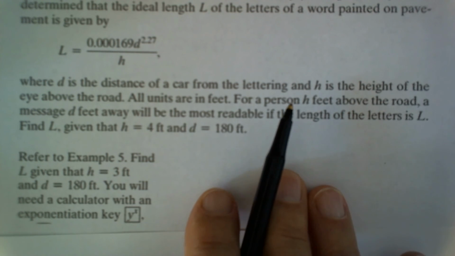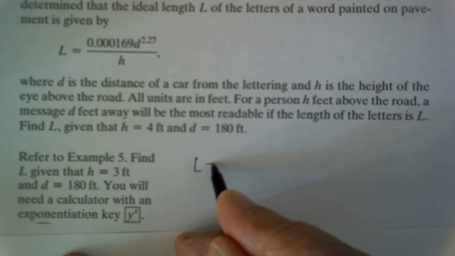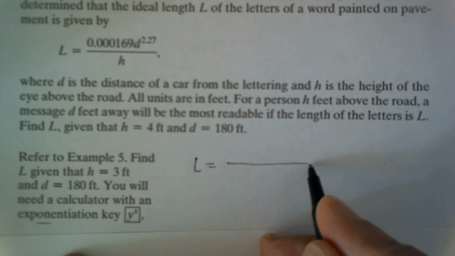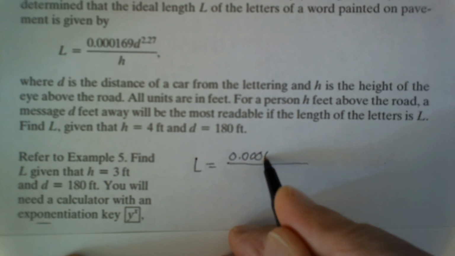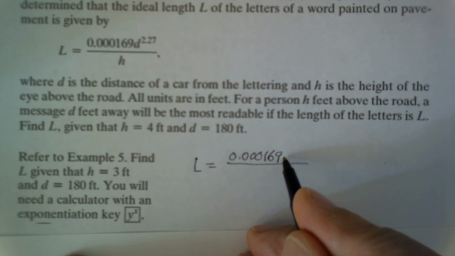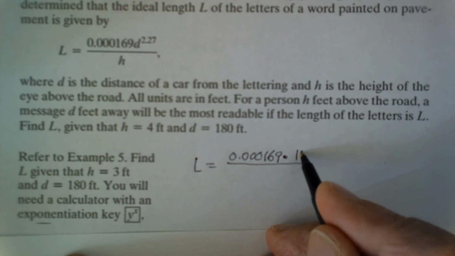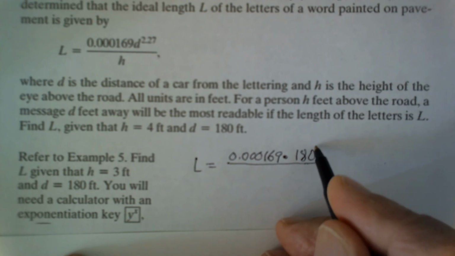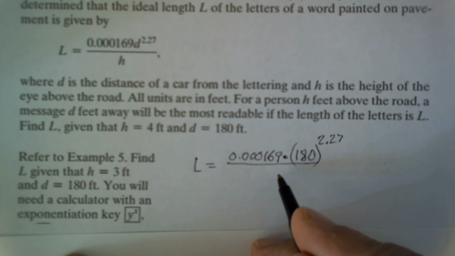So L equals 0.000169 times d, with d equal to 180, so the 2.27th power, divided by h, and h is equal to 3 feet, so divided by 3.